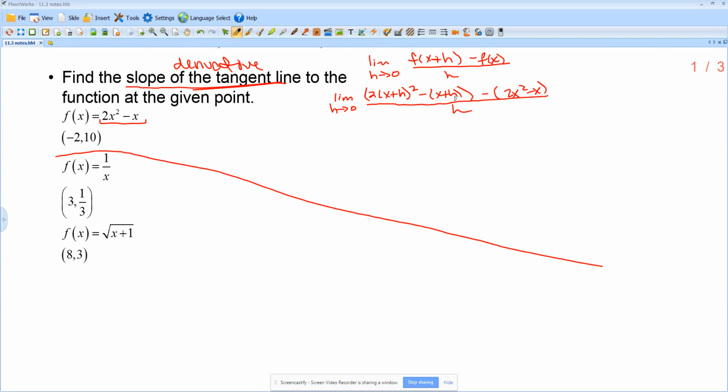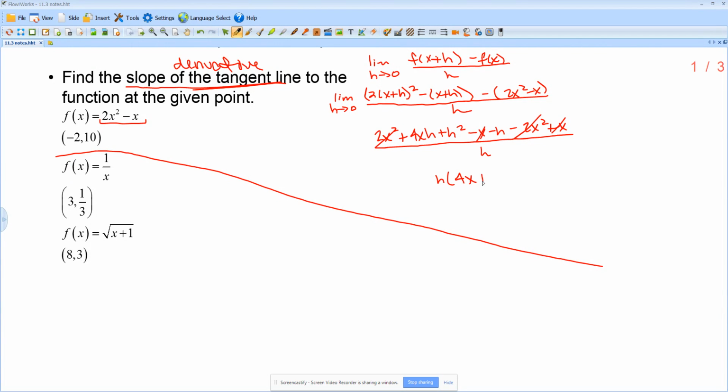Now multiplying this out and this out, I get 2x squared plus 4xh plus h squared minus x minus h minus 2x squared plus x all over h. And my x over x cancels and my 2x squared over 2x squared cancels. Looking at what's left in this numerator, I can take an h out.